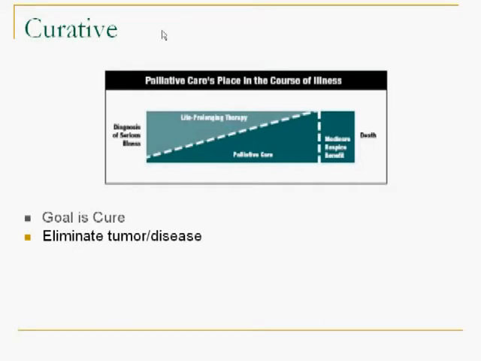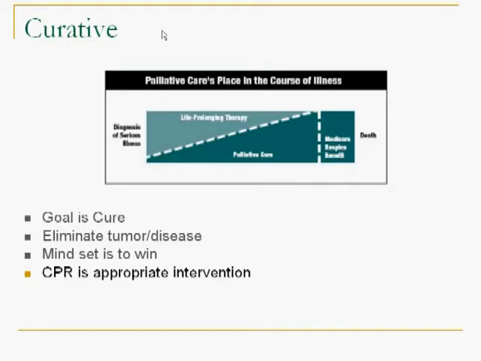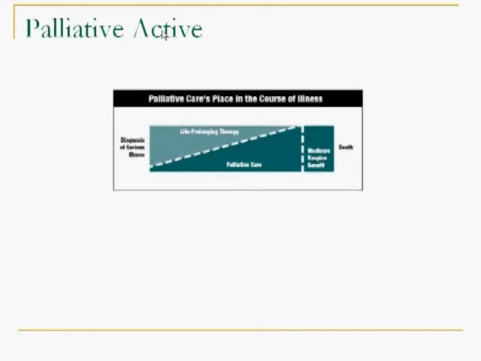Our goal is to eliminate the disease. We're in a win mindset. And obviously, if this patient should have an arrest during their treatment, then cardiopulmonary resuscitation is an appropriate treatment, and the patient is absolutely not hospice appropriate.